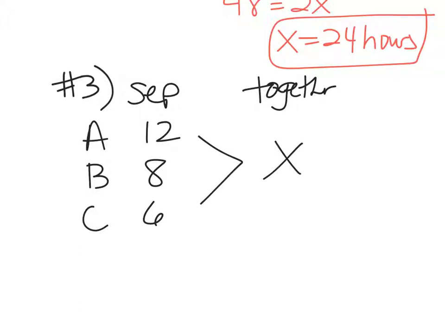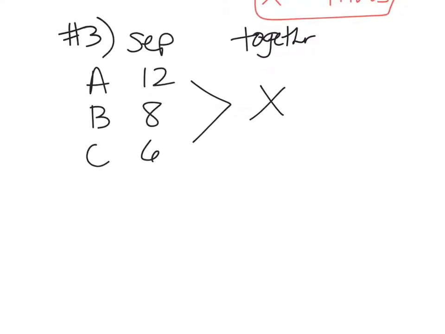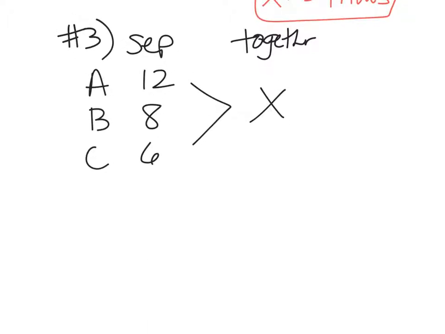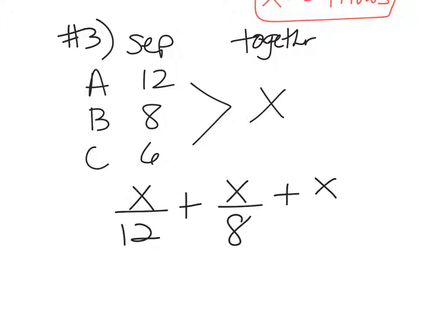How about x? And so this is how these are always set up. Together over 12 hours for printer A, plus together over 8 for printer B, plus together over 6 for printer C. Adding all those up is going to take one full payroll job.